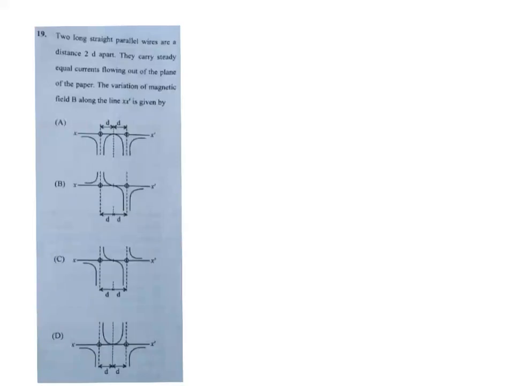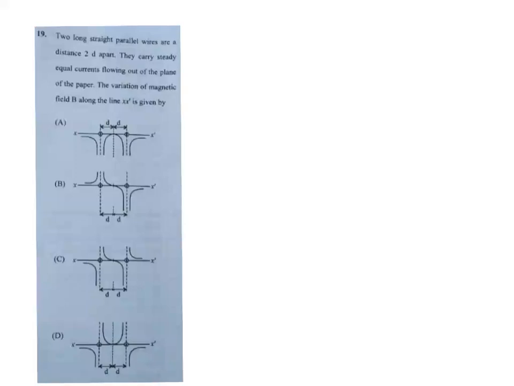Okay, in this question, two long straight parallel wires are a distance 2d apart. They carry steady equal currents flowing out of the plane of the paper. The variation of the magnetic field B along the line x dash will be correct. This is also a very good problem that was asked here.